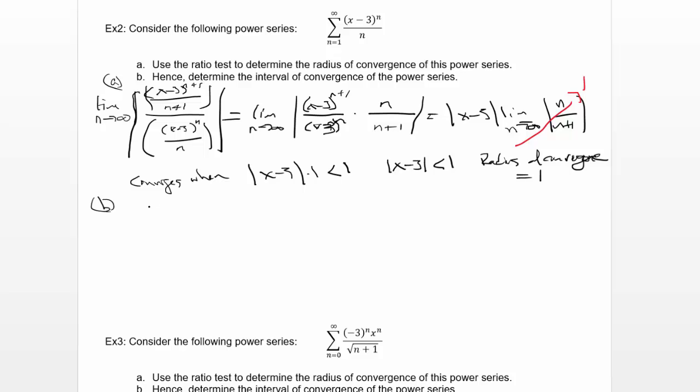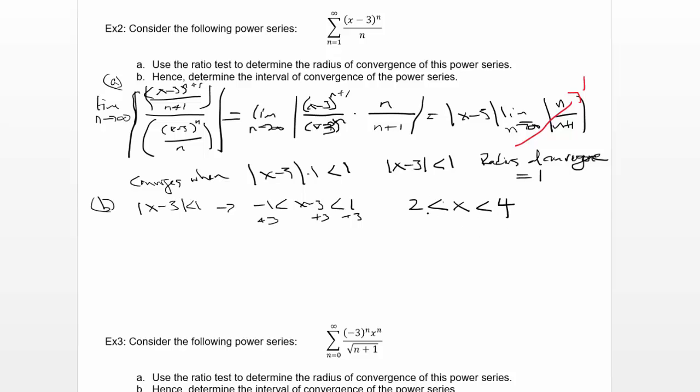That interval of convergence is the solution to the absolute value inequality, absolute value of x minus 3 is less than 1, or negative 1 is less than x minus 3, which is less than 1, or 2 is less than x is less than 4.